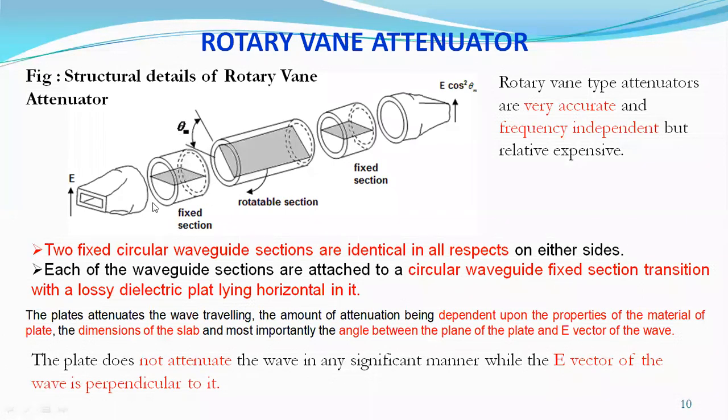If the signal entering this one is perpendicular to it, there is no effect on the signal, and it is allowed by this fixed section. Suppose the signal is parallel to the resistive card, then that signal is absorbed by this resistive card. That is the principle we are using here.